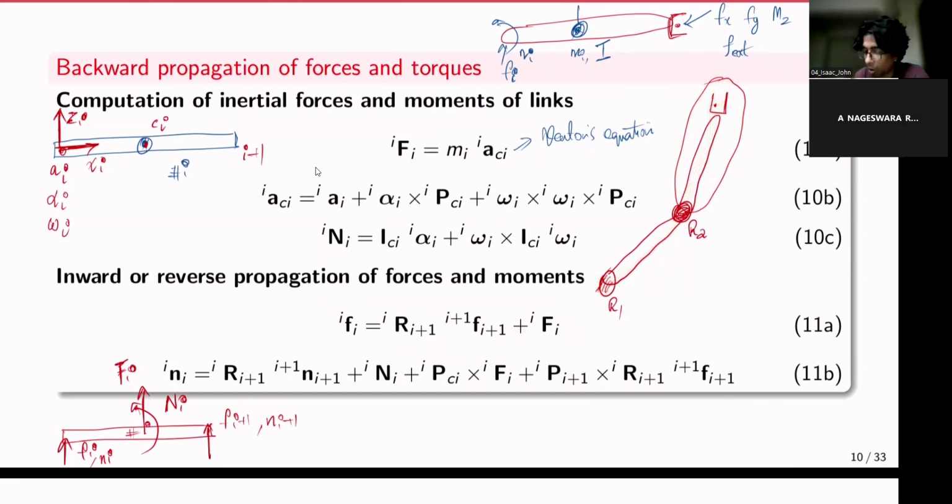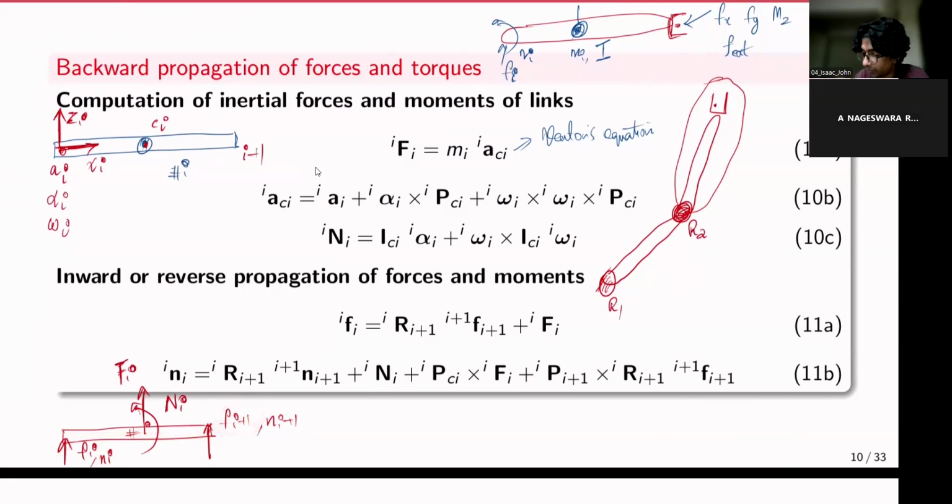And the same thing can also be applied for the moment balance equations as well, because the moment at this point, Ni, would be the moment contributed at this point, Ni plus 1, plus the moment contributed by this force Fi plus 1. That is nothing but this distance cross producted with this force.